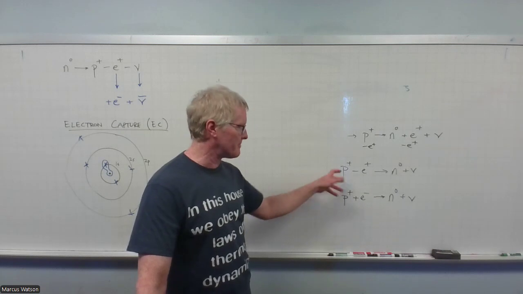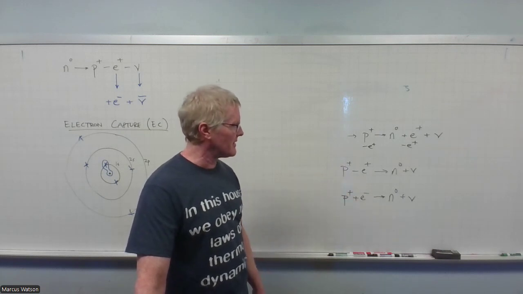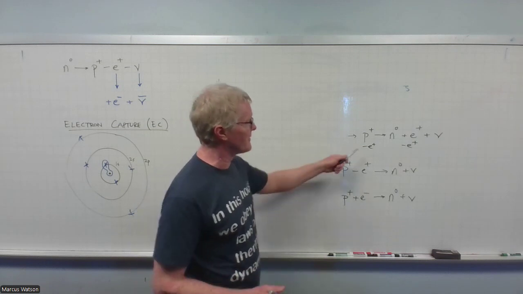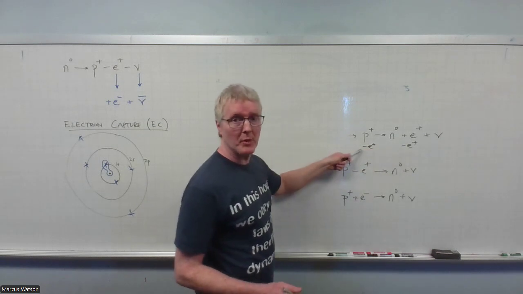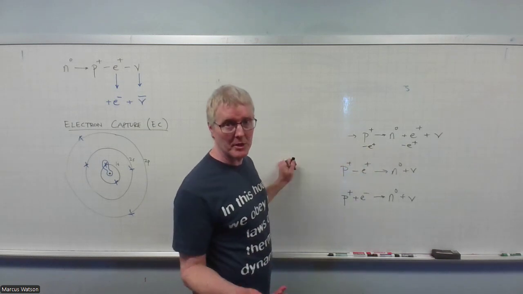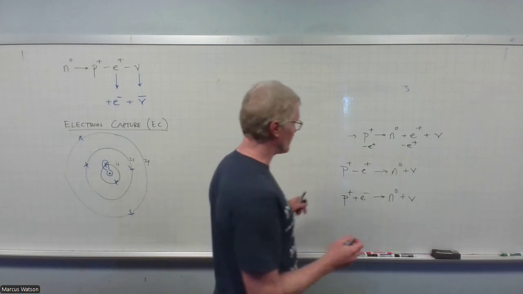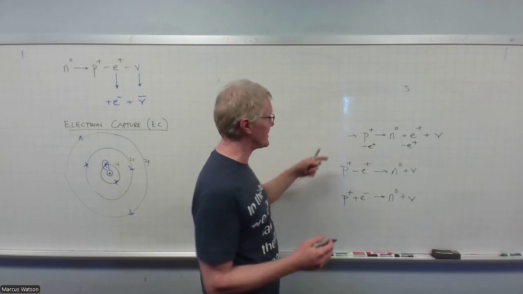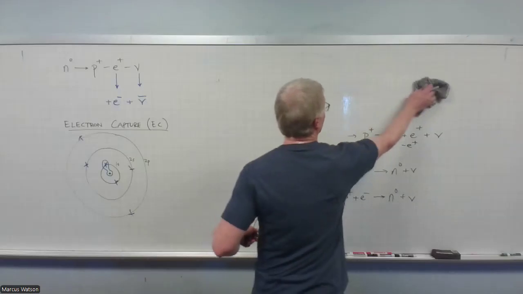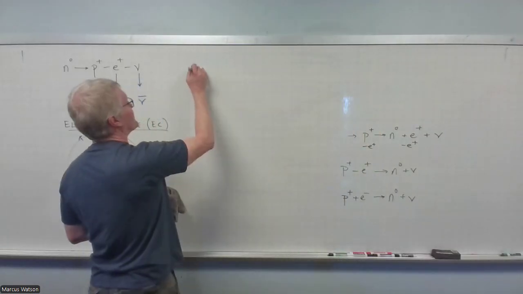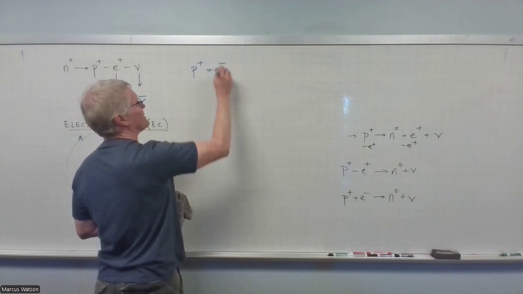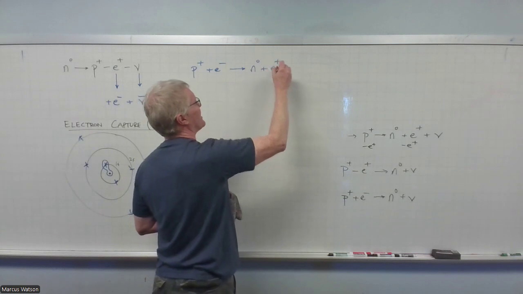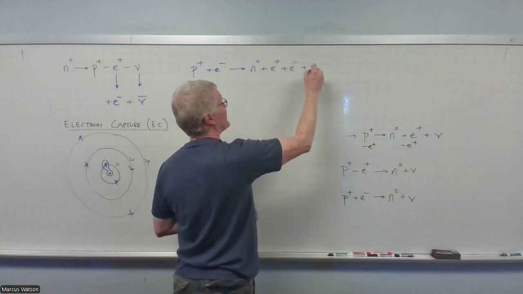And there's a lot more technicalities to it like this. You can certainly think of it as the case of instead of subtracting a positron on both sides, I'm adding an electron on both sides. So if I wanted to take a slightly different approach to this first equation here, what I might be able to say is the proton grabs an electron and becomes a neutron plus a positron plus an electron plus a neutrino.